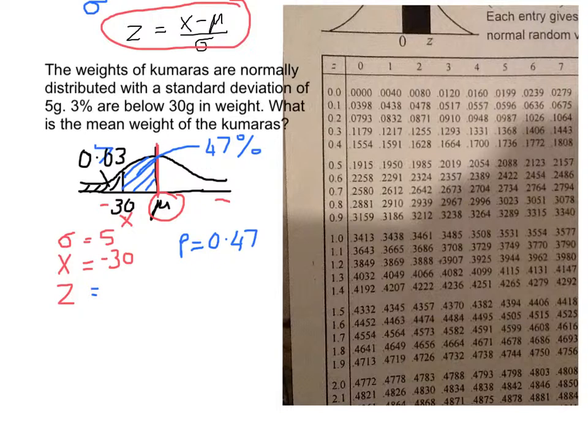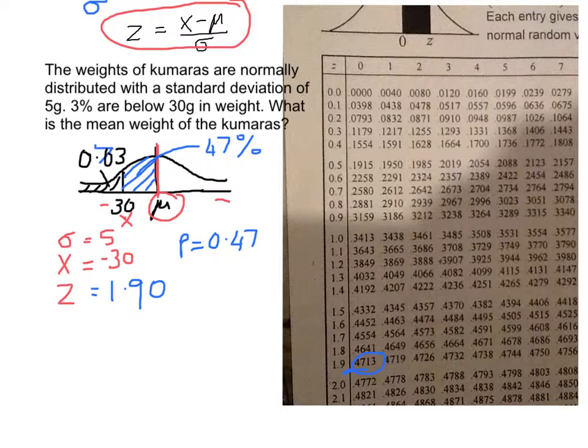So I look on my table at 0.47 and find the z value. The closest to 0.47 that I can see in the middle of my table is probably this one here, 0.4713. So I go across, my z value is 1.9, go up 0.